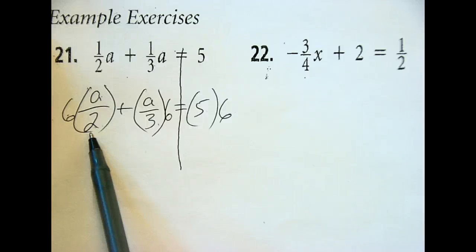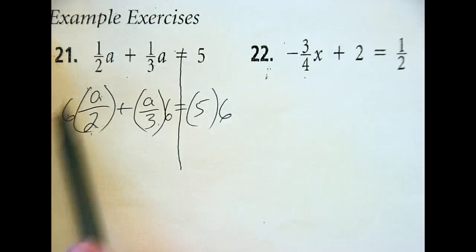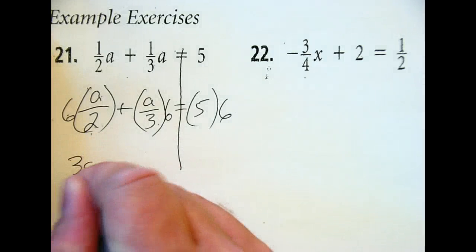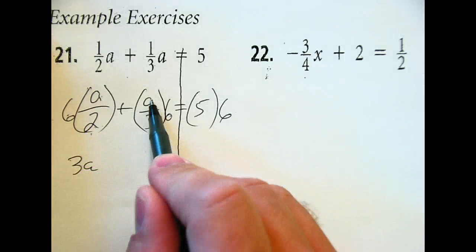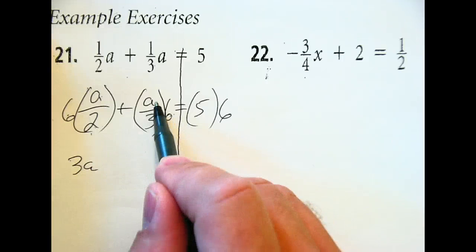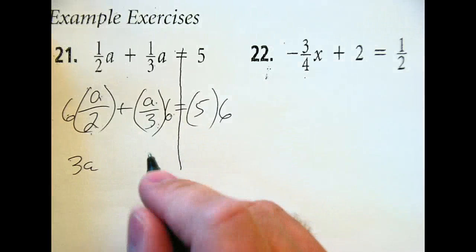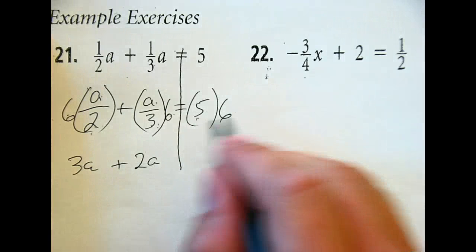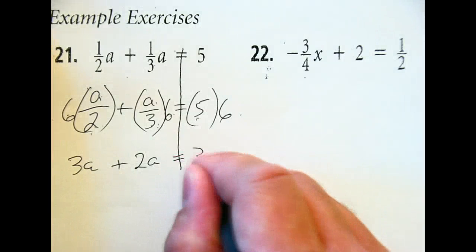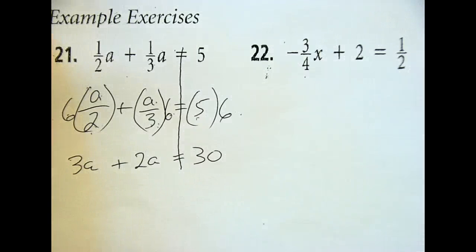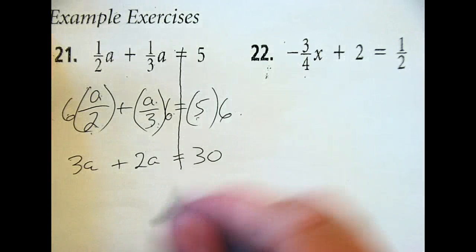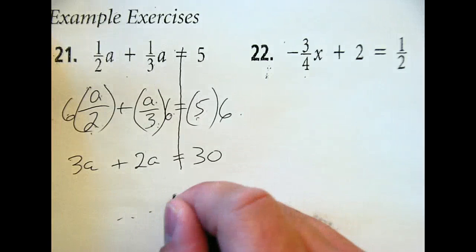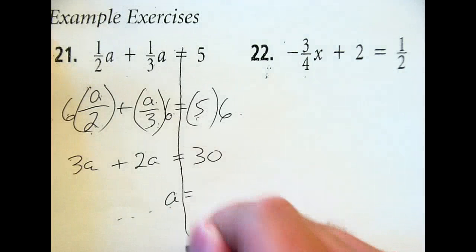Everyone, what is it? 3A. What's 6 times A divided by 3? 2A. And 6 times 5 is? 30. And I know you know how to solve from there. Combine like terms and, okay? You get A equals whatever.